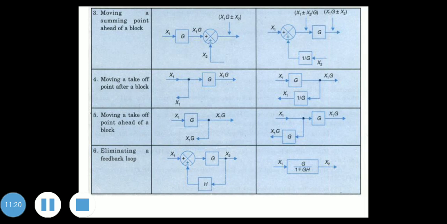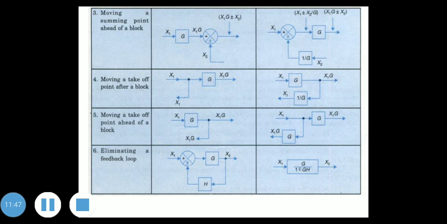Then the value of that block is equal to G, the value of the block in series with the transfer function. So this is X1G, this is also X1G. So this block will be in series to this takeoff point, where the takeoff point is shifted ahead of a block, X1G.